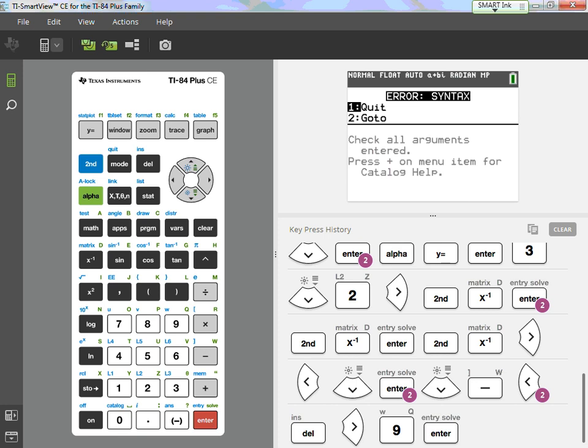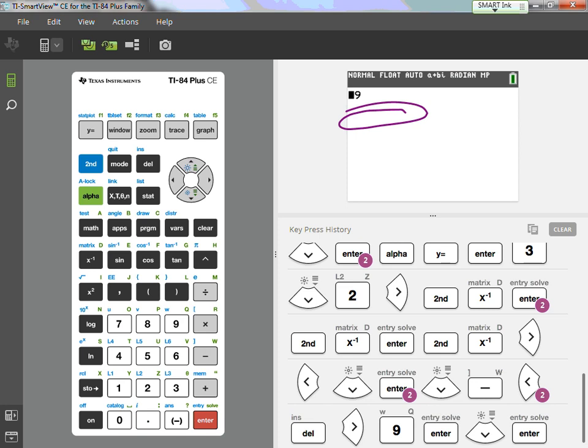Something like this screen. It's popped up probably for some of you, yes? Does anybody know what that means? Go to, yes? So if this error pops up, I would select go to, and it's going to put that cursor wherever the error is, okay?